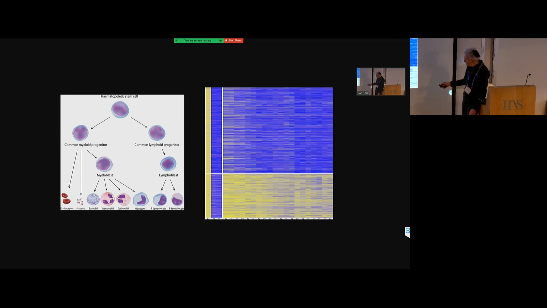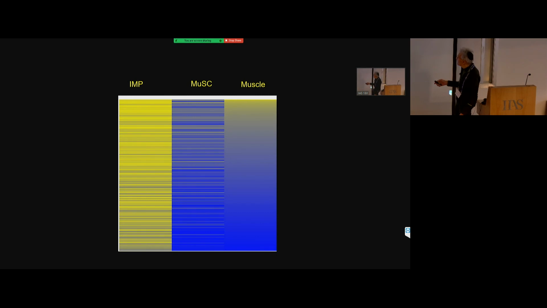All of these enhancers are opened up in the stem cell and then closed before the differentiation into individual cell types. A large number of them also remain. Okay, so I think I've made my point. It happens in the muscle as well, and we don't have to do that.